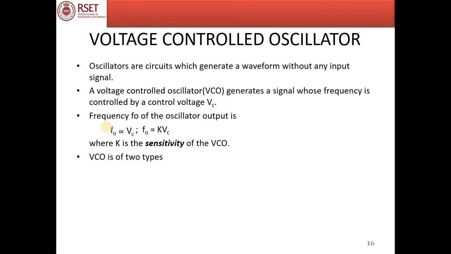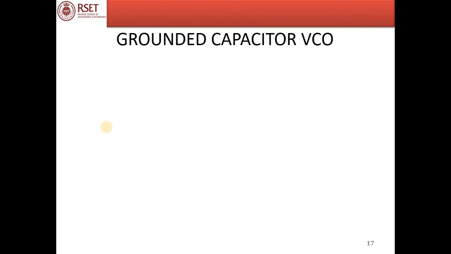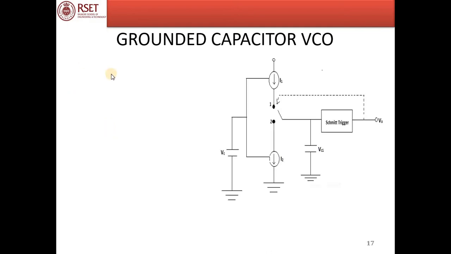A voltage controlled oscillator is of two types: grounded capacitor voltage controlled oscillator and emitter coupled voltage controlled oscillator. We will learn about grounded capacitor VCO. So let us see how that works. This is the basic circuit of a grounded capacitor VCO. We can see there is a Schmitt trigger.